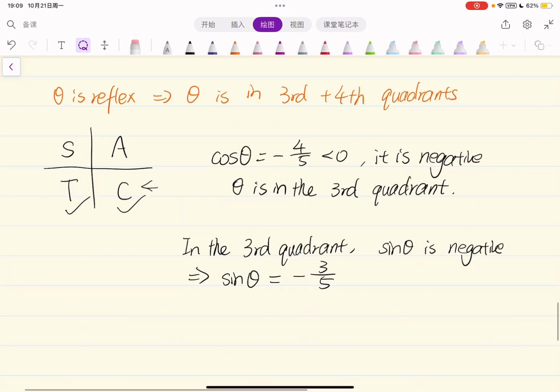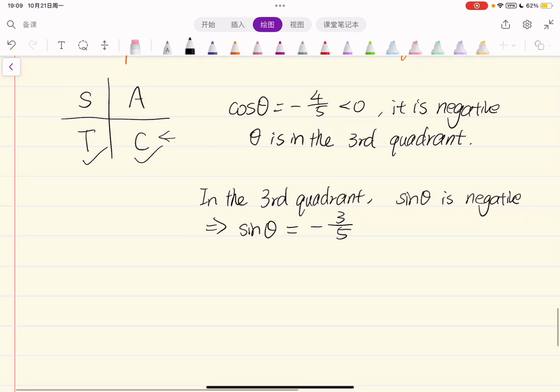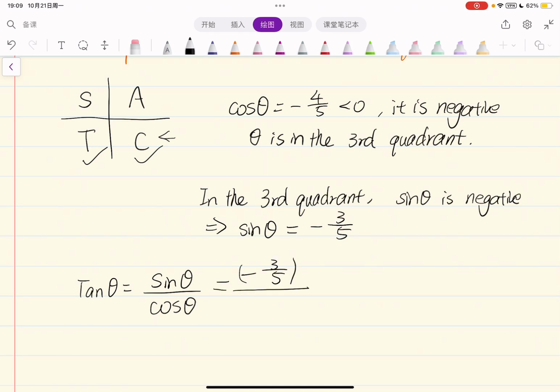We also need to find tangent theta. We know the trigonometric identity that tangent theta equals sine theta over cosine theta. That equals minus 3 over 5 over minus 4 over 5, equals 3 over 5 times 5 over 4, equals 3 over 4.